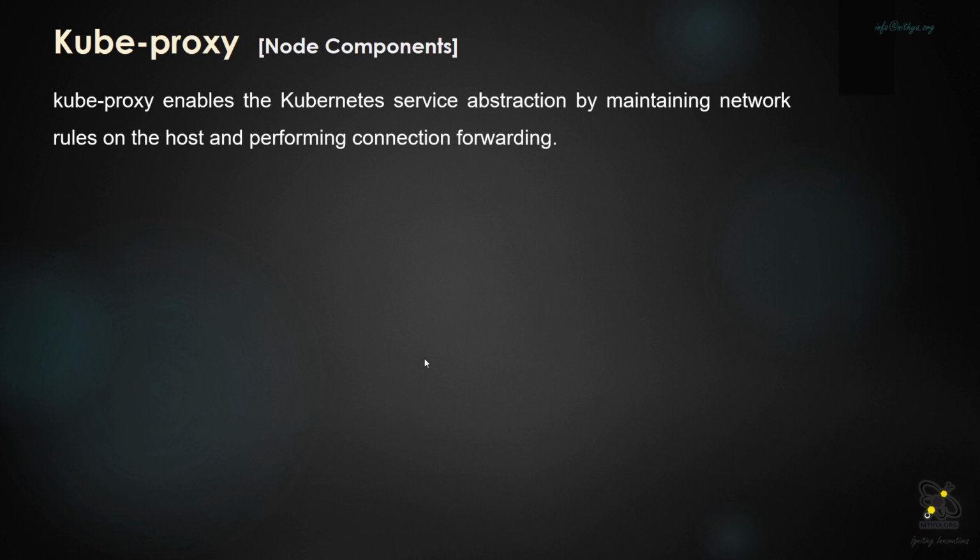Kube-proxy enables the Kubernetes service abstraction by maintaining network rules on the host and performing connection forwarding. He checks which ports are open, so that you can communicate with me. Those things are all done by kube-proxy, via another component called services.